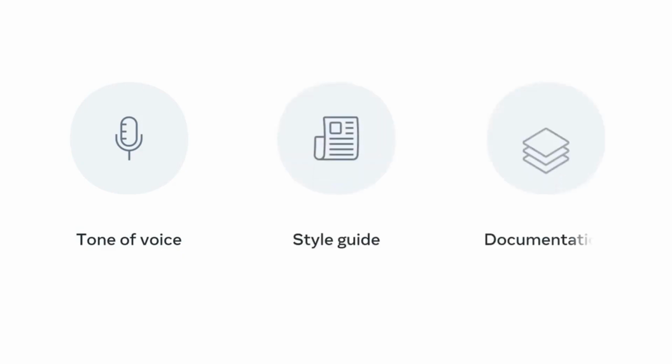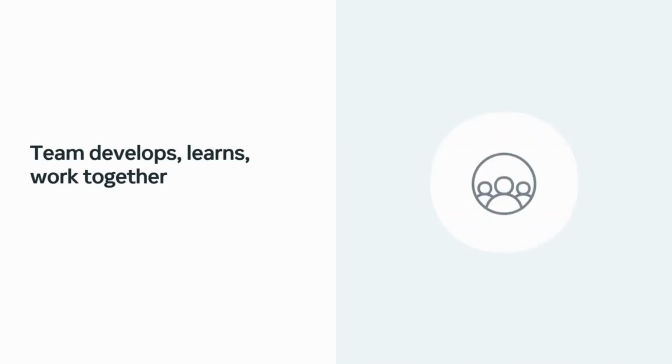It can also be a guide on the tone of voice for your content, a style guide, and documentation for developers. A design system combines all of these in a way that enables your team to develop, learn, and work together. Some bigger design systems will have a set of rules and guides that aid the reader through do's and don'ts. Others are simply a set of components and files to inform design layouts.